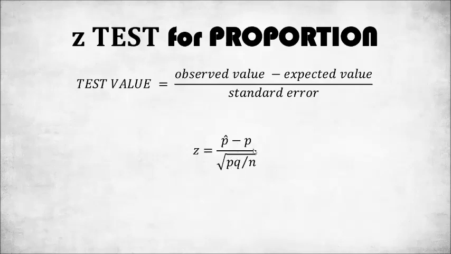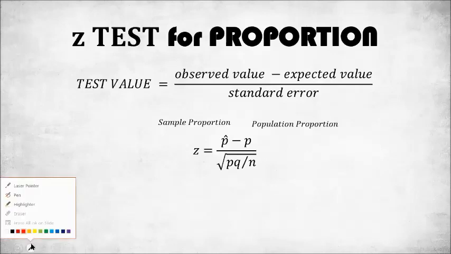Okay, pero ang tawag dito ay population proportion. In place dun sa ating population mean, kasi sa one sample z-test and t-test, ang ginagamit natin doon ay population mean. Pero dito, ang gagamitin natin ay sample proportion at saka population proportion. Yan.